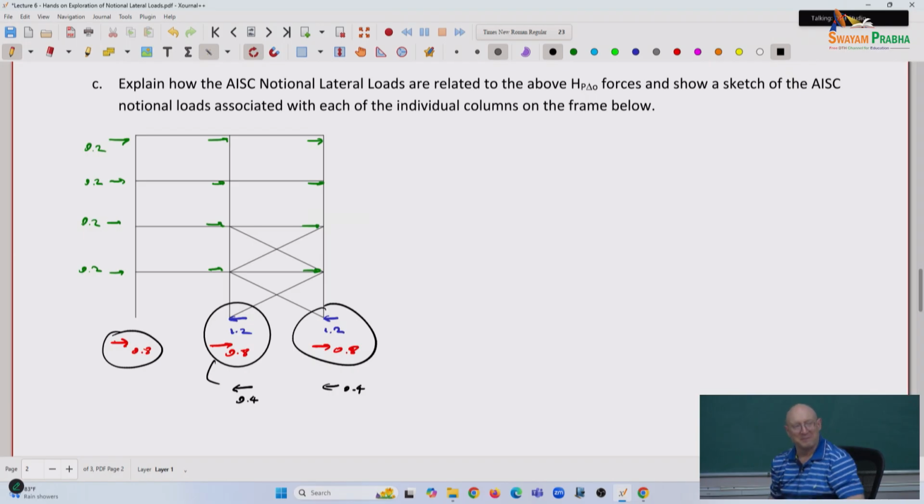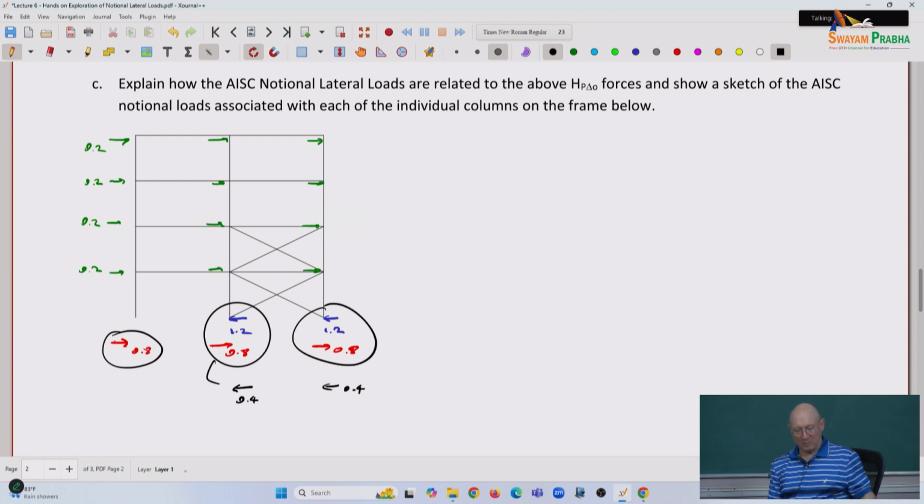But because of different relative stiffnesses in the system, you can get self-equilibrating forces that relate to your notional lateral loads at the foundation level that are also physical, because you would see those showing up also from the physical lack of verticality. In this example, total reaction at the base is 0, 0.8 minus 0.4 minus 0.4, but we've got non-zero values at some of the columns.